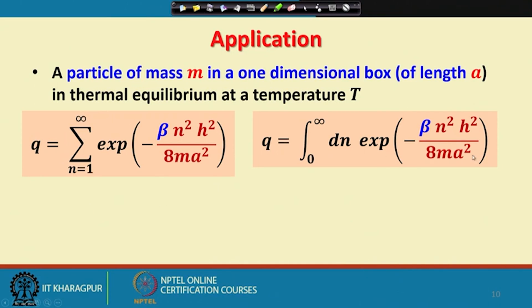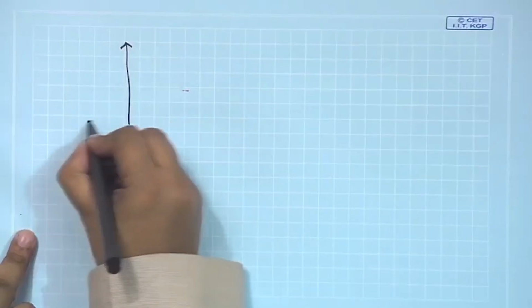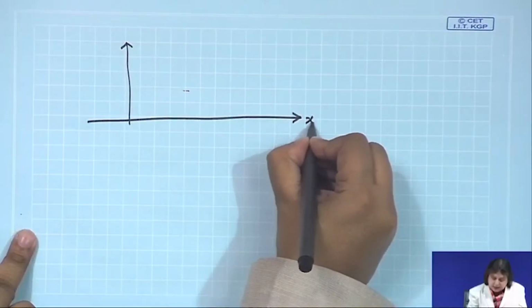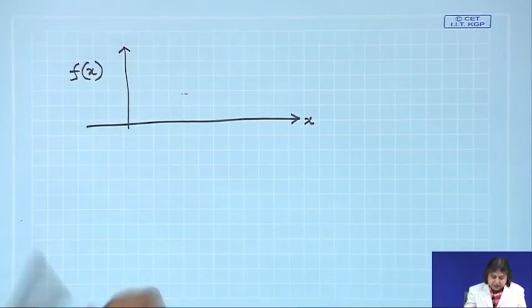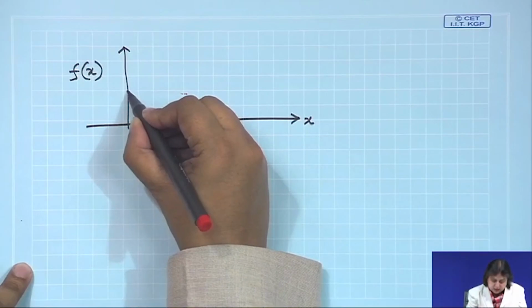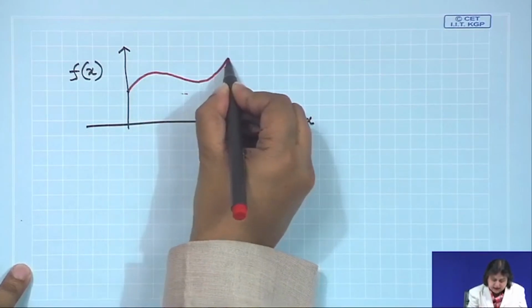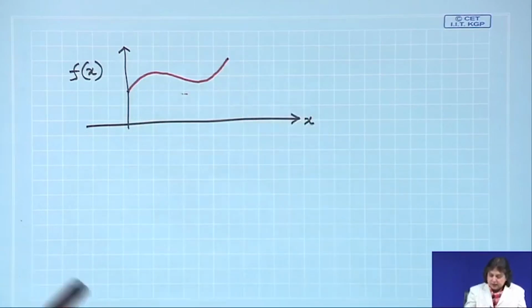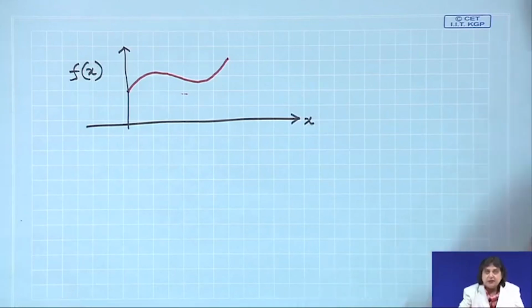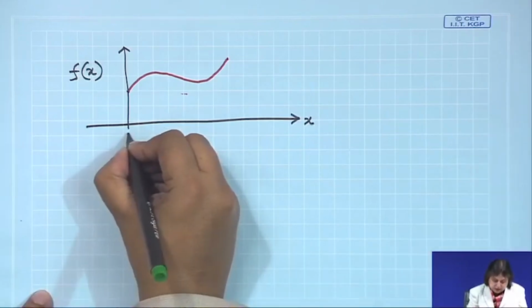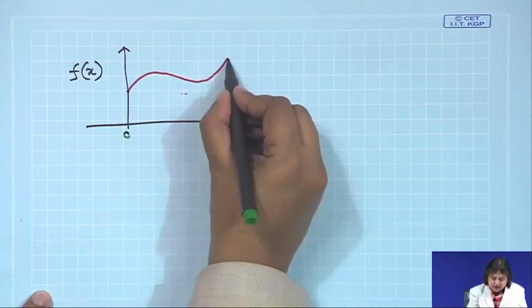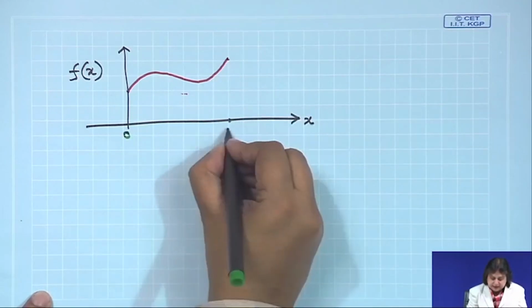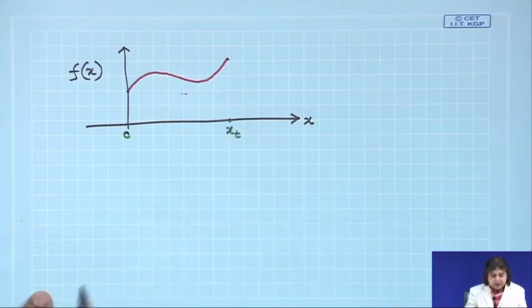Now, when you do this, you are dealing with a situation where you are plotting, say, x along this direction and f of x along the y direction, and let us say that this is how f of x varies as a function of x. Now, what we are trying to say is x varies from some initial value 0 to some final value here, say x t.